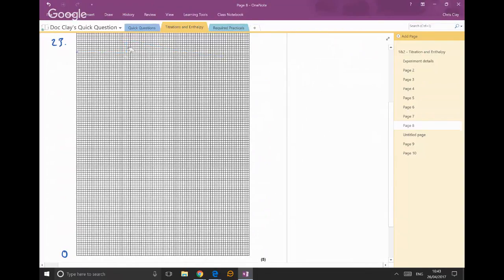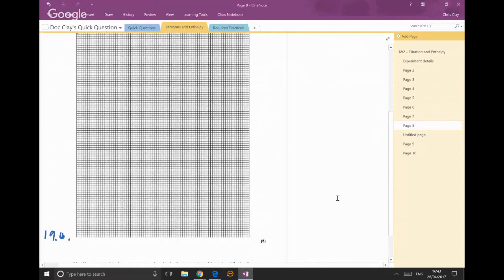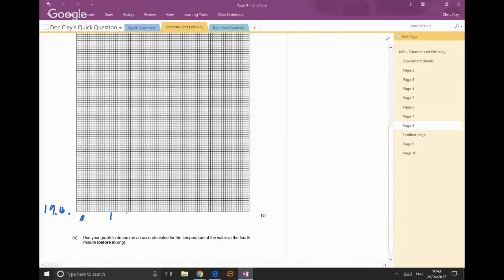So when you've got data like that, where you want to increase the amount of information where you plot it, start your x-axis at a sensible number. So a sensible number is probably 19 here, and 23 we'd end up, and then we got time along the bottom. So we got 0, 1 to 10. You've obviously got to draw this accurately.